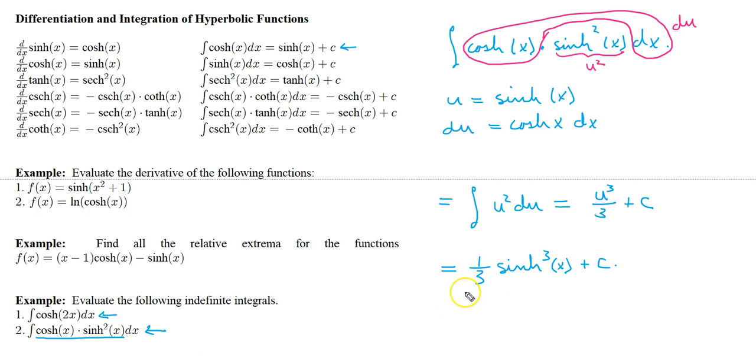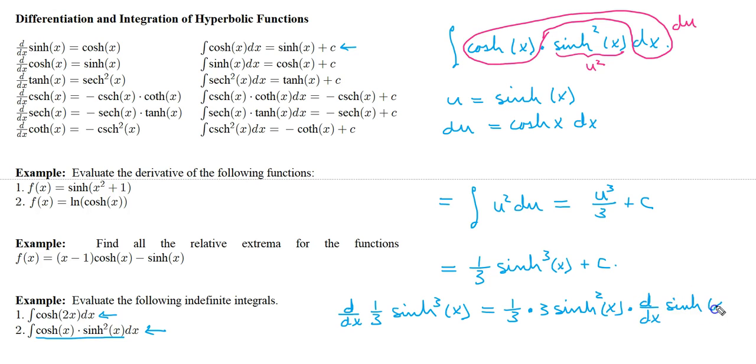And we can just verify that here quickly. Notice that if we differentiate this, we would have to use the chain rule. So we would have to differentiate with respect to the sinh of x first. So this would be, and then multiply by du dx, which is like that.